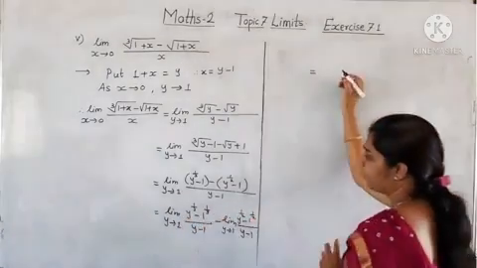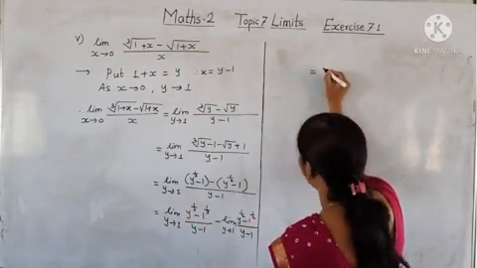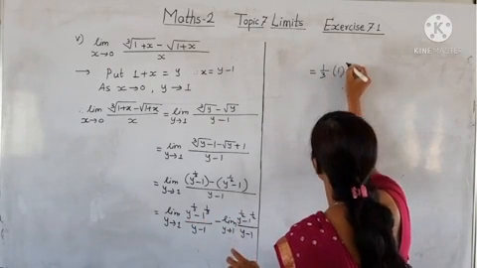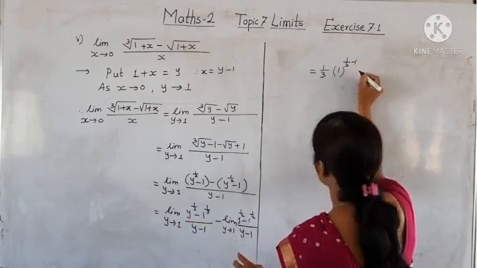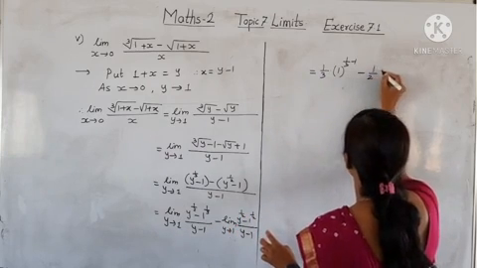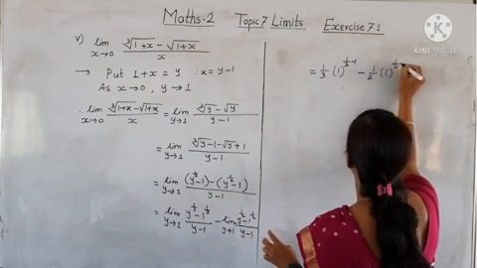What is the answer? Here what is the n? 1 upon 3 into what is the a? 1 raised to 1 upon 3 minus 1, and minus, what is n here? 1 upon 2 into 1 raised to 1 upon 2 minus 1.